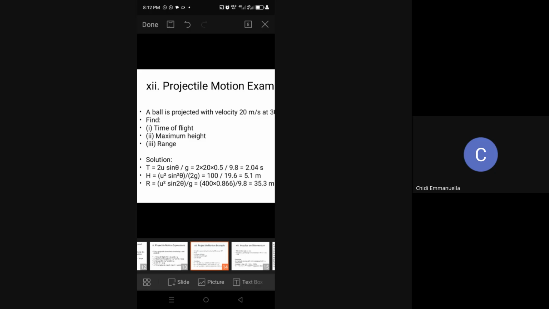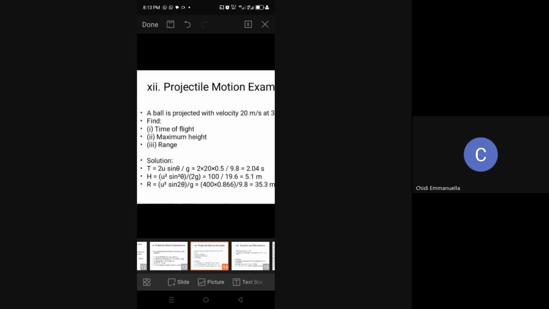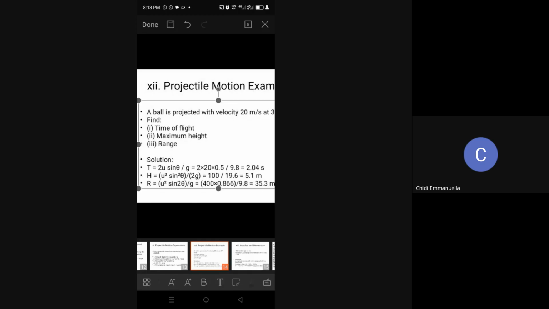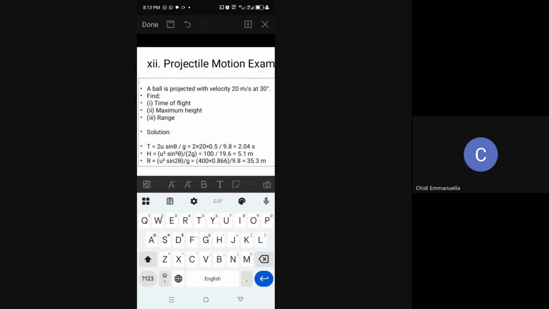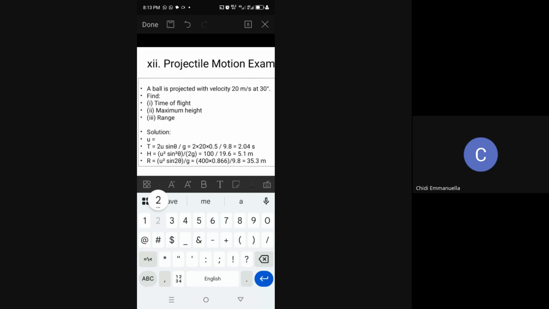So your velocity here is u, right? Let me write the parameters so that you know why it is solved like this. U is the velocity that is mentioned in the question. When you are dealing with projectile, please pay attention. Your theta is the angle given, that is 30 degrees.